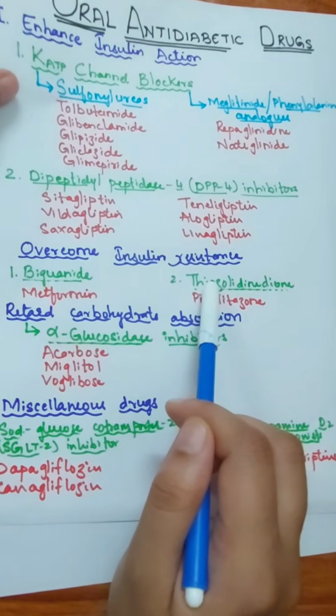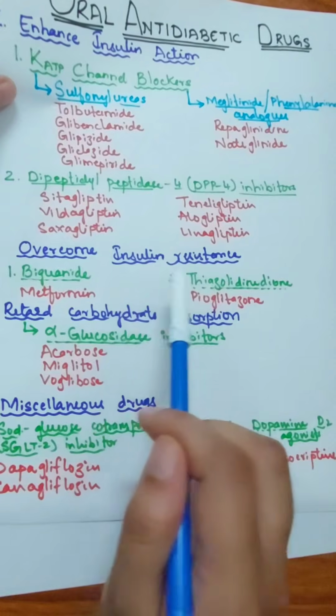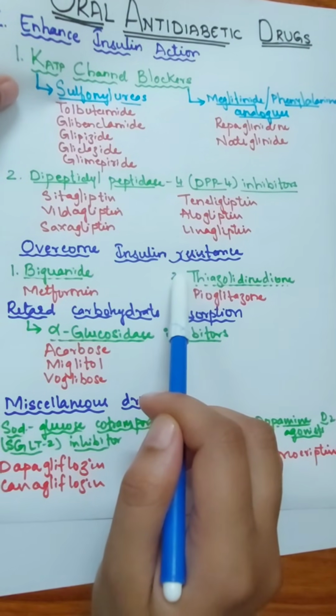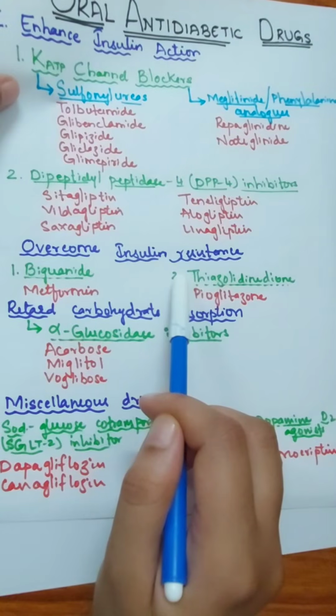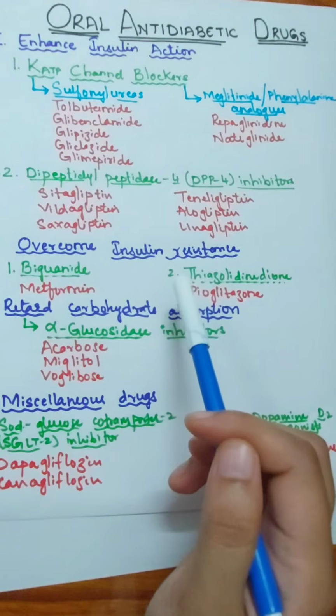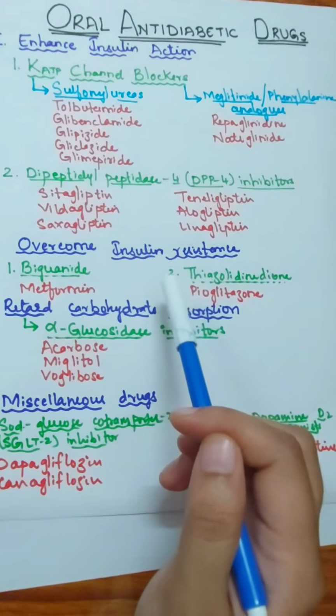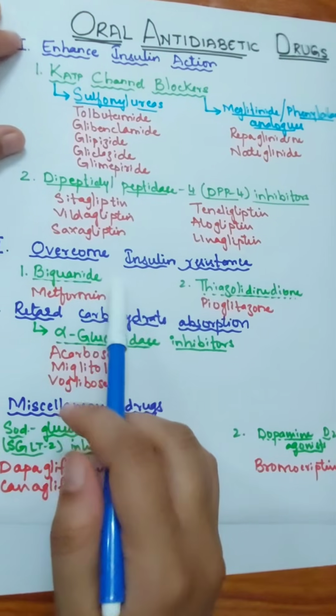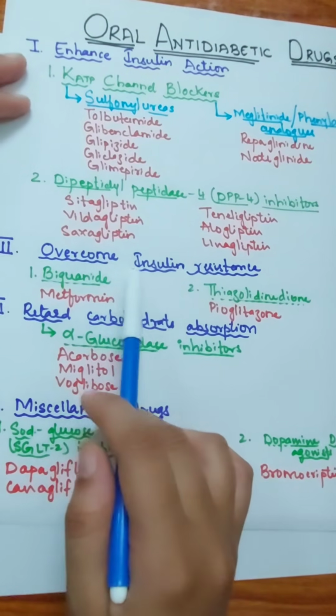If there is no insulin, these drugs cannot perform their action. Therefore these two drugs are indicated in type 2 diabetes mellitus. In type 1 diabetes mellitus we cannot use these two drugs, because in type 1 there are practically no beta cells and there is zero insulin present. Okay, so this is the mechanism of action of these two drugs, and we have completed the second class of drugs.